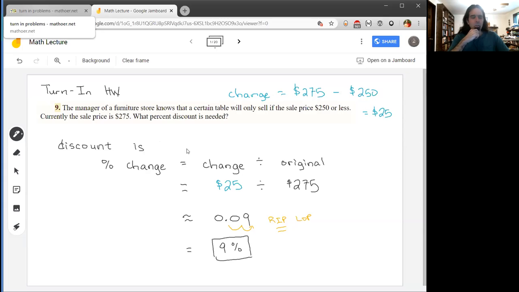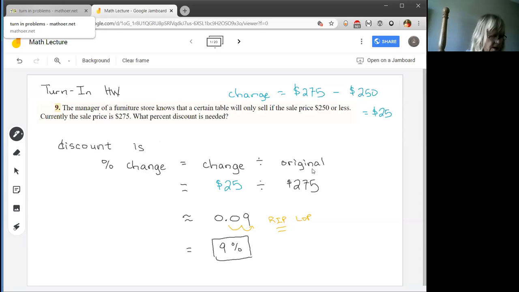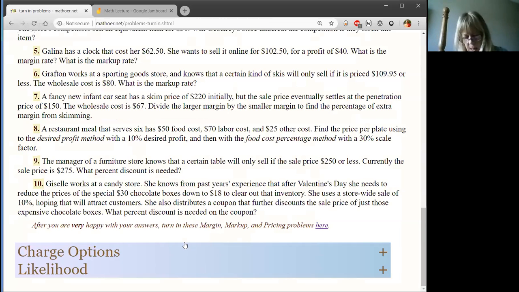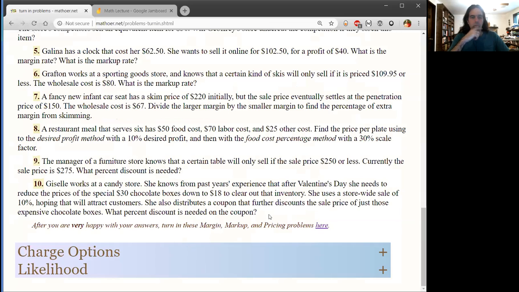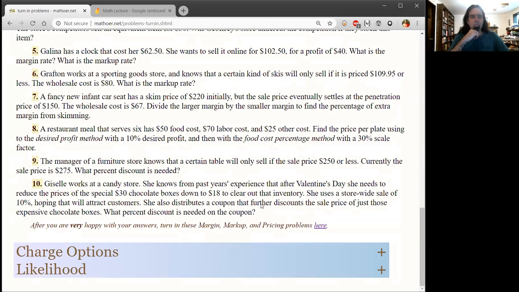Any other homework questions? I don't know if we looked at the charge ones last time, but it's just finishing one of these enormous tables.